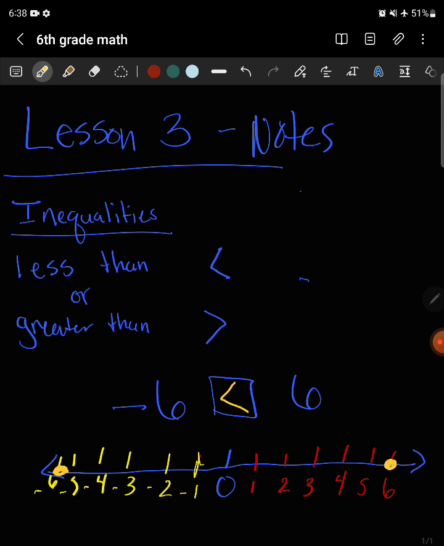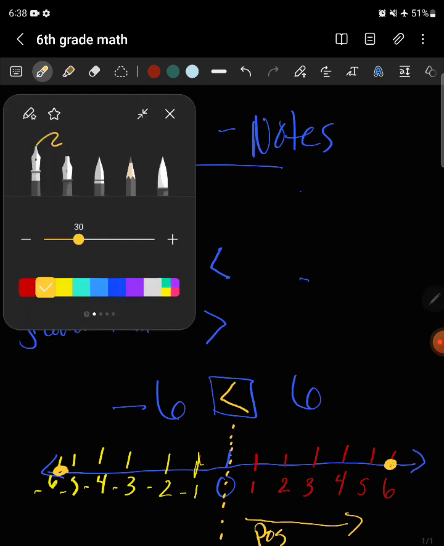I want us to look on the number line. When we look on the number line, the number that I want us to pay attention to is this number right here, 0. When we're talking about 0, I want us to look at the numbers to the right of 0. The numbers to the right of 0 are positive numbers. All right. And those positive numbers have a greater value than the numbers on the left.